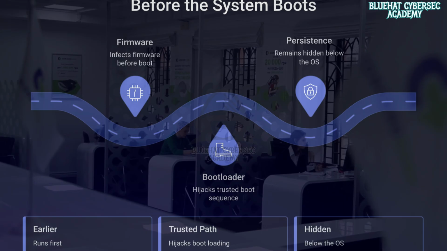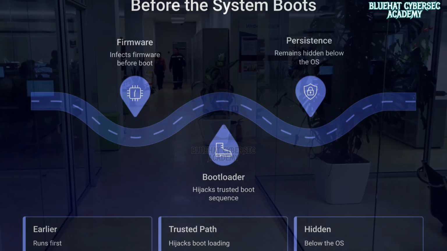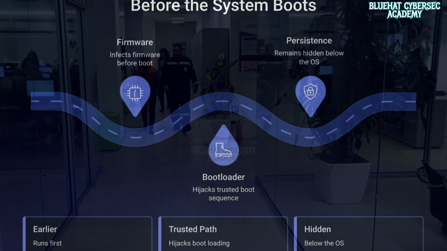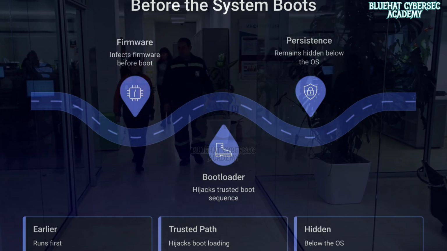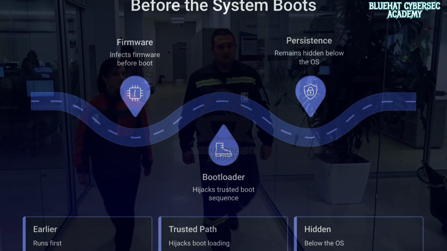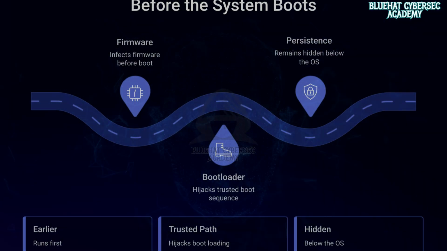Instead of waiting for Windows or Linux to start, it activates earlier and positions itself before the OS even loads. This means it can manipulate what the system sees, control what gets loaded, and sometimes even hide itself completely from the operating system. That's what makes it fundamentally different from traditional malware. It doesn't live in your system, it lives under your system.